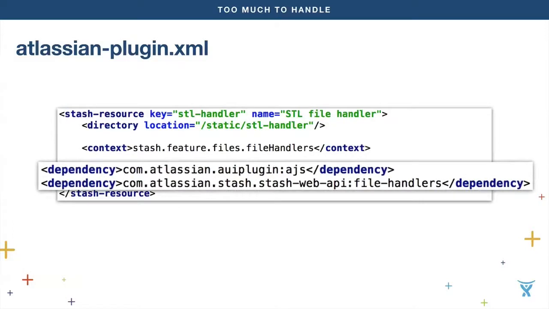And now finally we're adding a few dependencies. The AJS one is just a couple of boilerplate libraries like jQuery. And we're depending on the file handler's API, and this just makes sure that we're loading our file handler after the file handler's registry on the page.